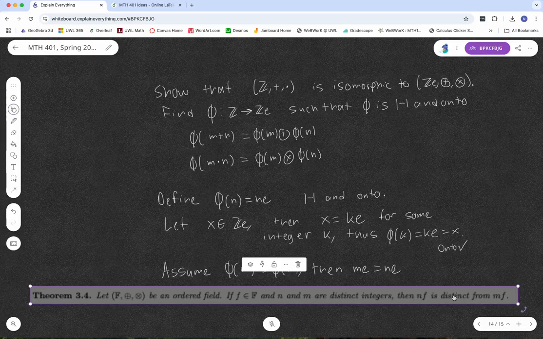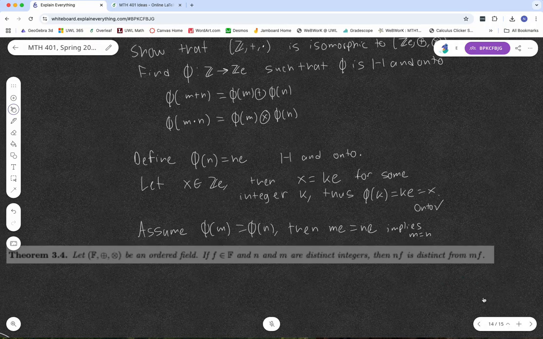If those two integers are distinct, then nE and mE are distinct, and if we use the contrapositive, that means if they're the same, then nE and mE are the same. And then this implies m equals n, so that is 1-to-1. Okay, so we're 1-to-1, we're onto.